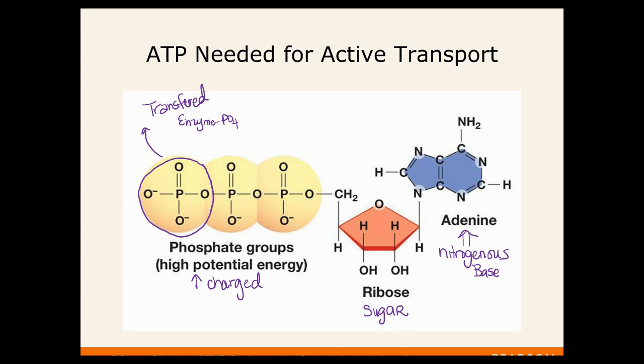In the meantime, the fact that this is such a highly charged molecule where there's a lot of repulsions is also going to help it to transfer. And in that transfer event we're going to see a large delta G that's negative. And what did we say about free energy being released? When free energy is released, it can do work.